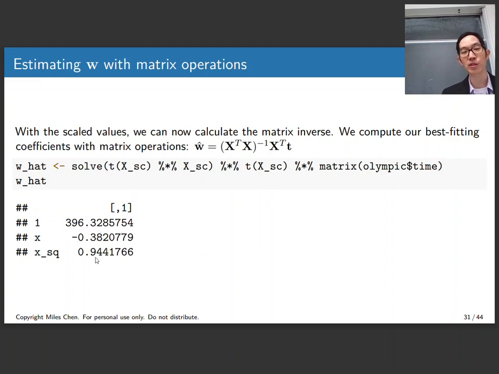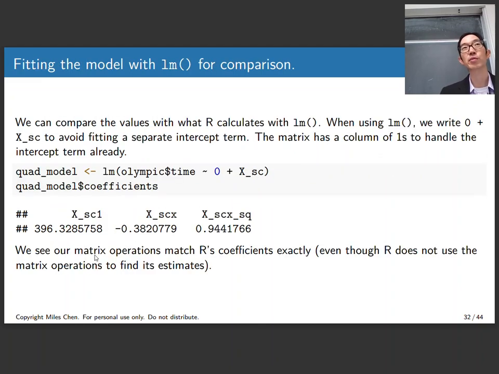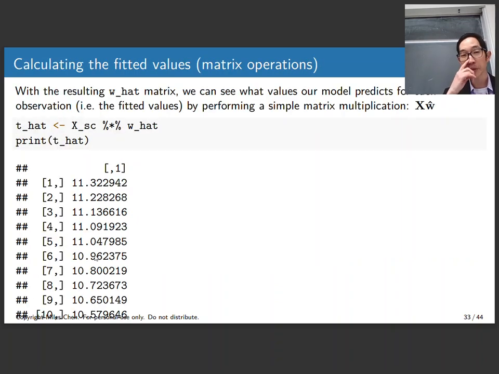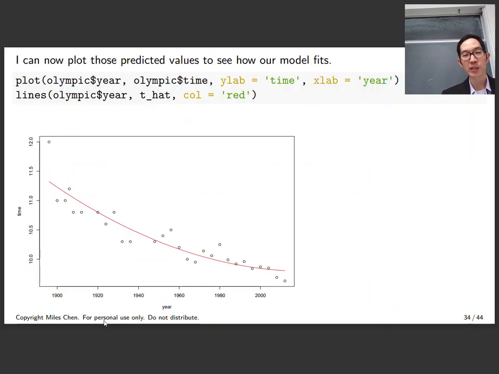So we get the same thing when we do our matrix operations with R. Okay. And now I can do my X scaled values multiplied by my coefficients. These are my predicted values, and this is the line that fits. And we look at that and we go, oh yeah, that looks like it's doing a decent job too, right?